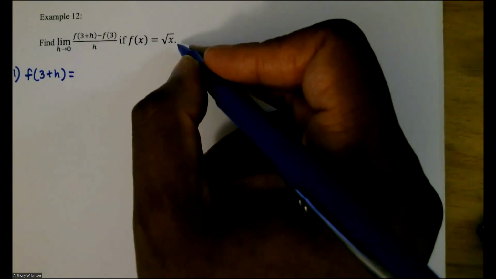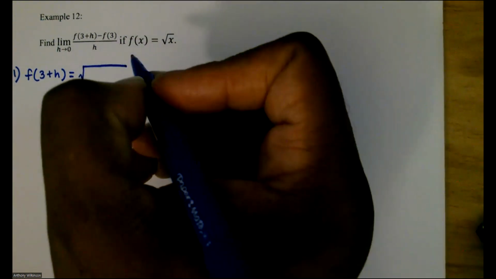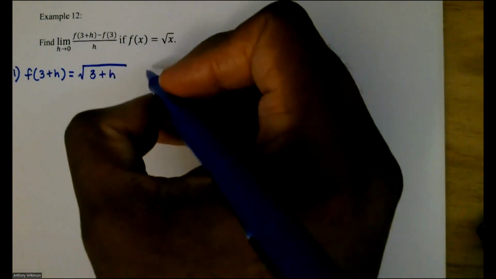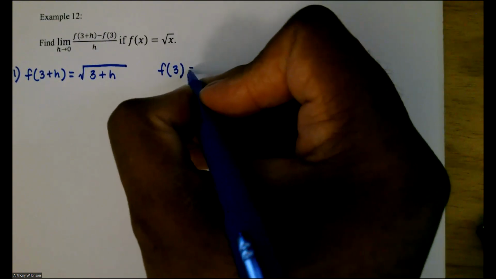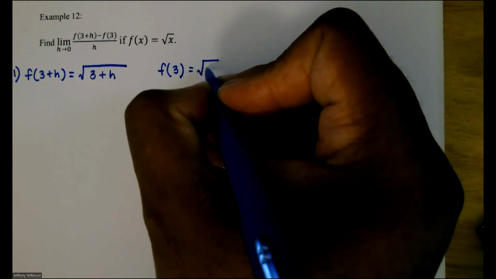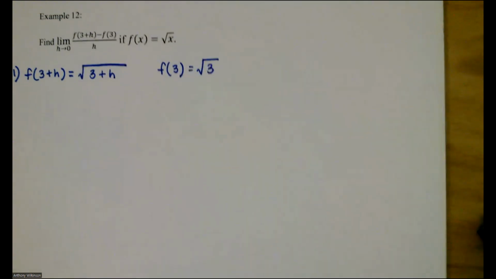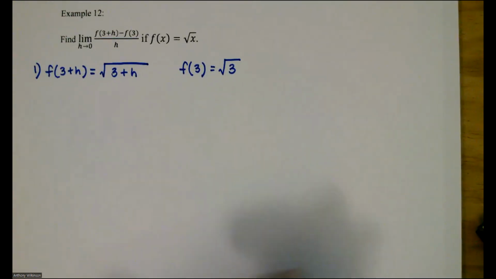Well, f of x is the square root of x. So we replace the x with that 3 plus h. So f of 3 plus h is going to be equal to the square root of 3 plus h. And of course, for f of 3, f of x is equal to the square root of x, so I'll just replace the x with 3. So f of 3 is equal to the square root of 3.